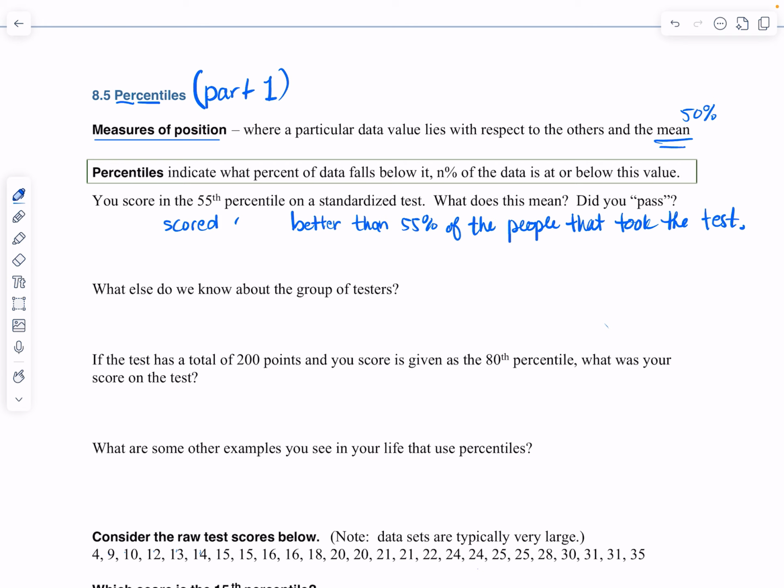Did you pass? Well, it depends on what your actual score is.